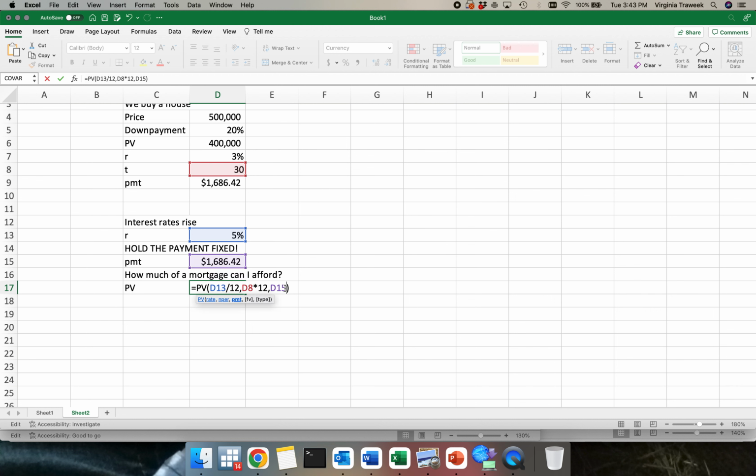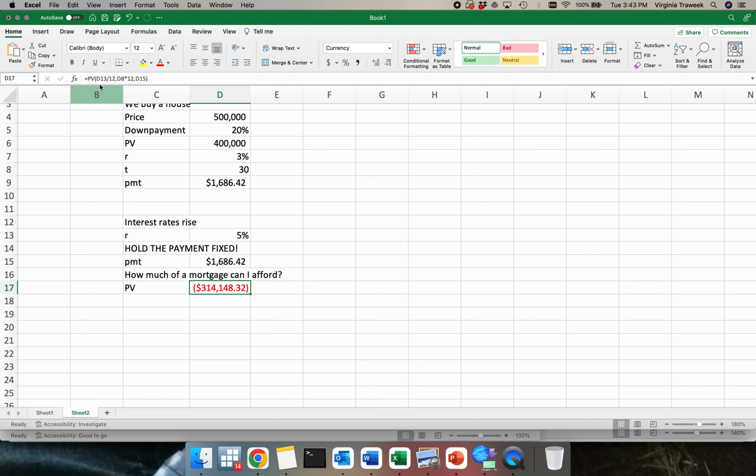The payment is going to be D15, and then we're going to close parentheses because we're not going to have a future value and we're not going to put annuity due. And let's put a negative here. Okay, so now we went from a present value of 400,000 to a present value of the mortgage that we're taking of 300,000.